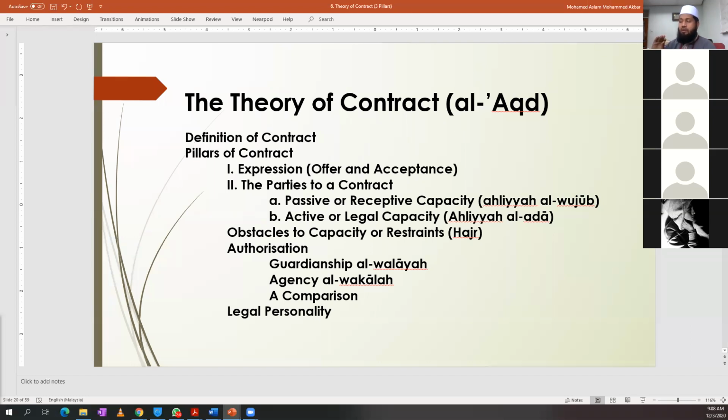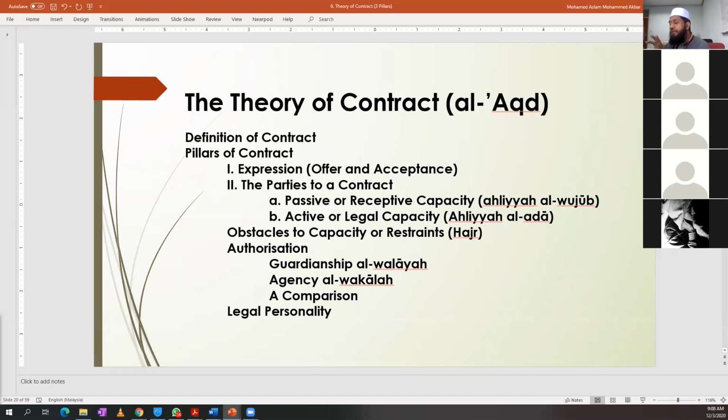I think you can understand slightly from what I said earlier. The first one is more into receiving. This is what we call passive, receptive capacity. More into receiving, for example, receiving the gift, receiving the inheritance, these kinds of things.